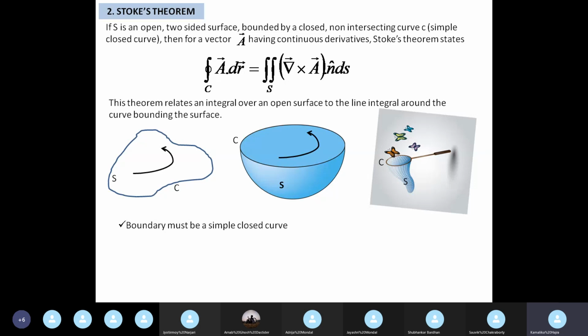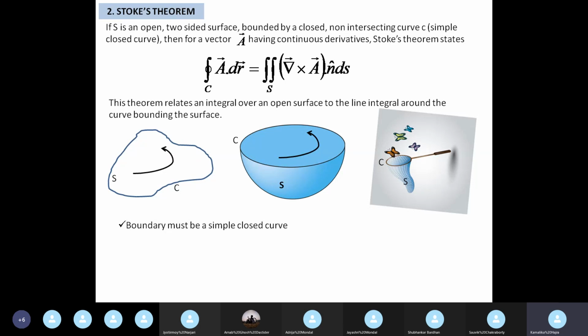So for applying Stoke's theorem, it is not necessary that the surface needs to be a two-dimensional surface. It can be a three-dimensional surface. It is not necessary that the surface has to be some symmetric regular figure. It can be any shape.